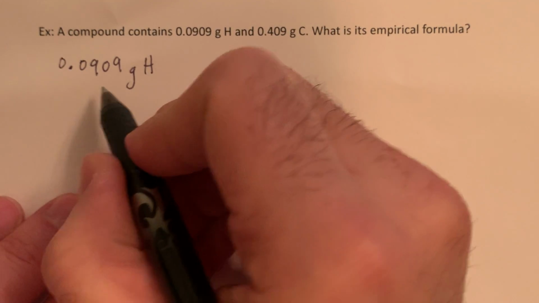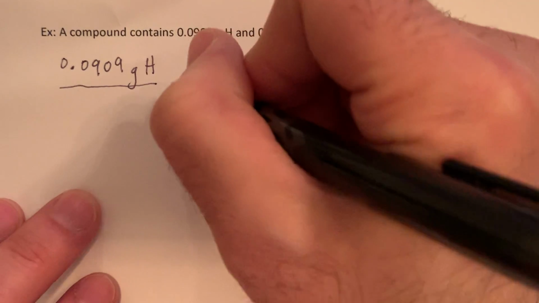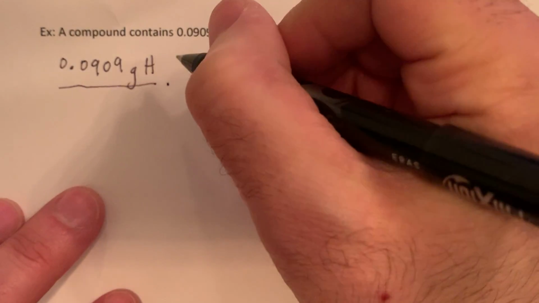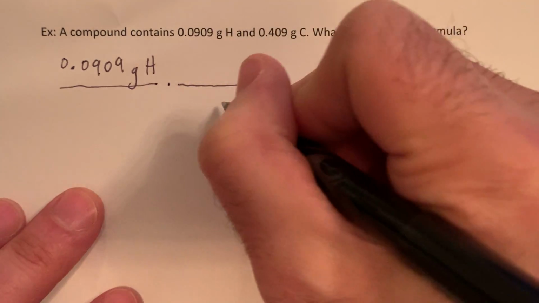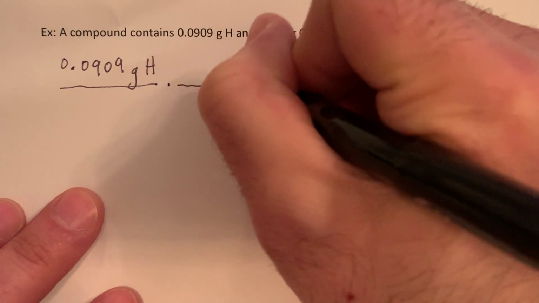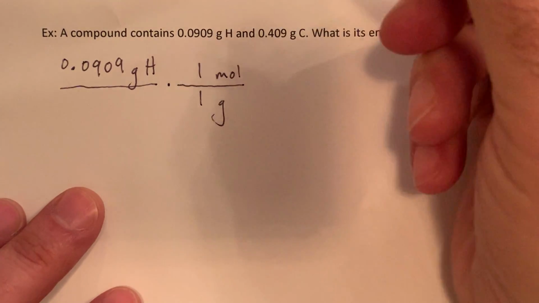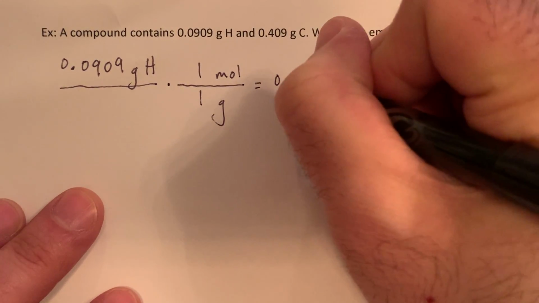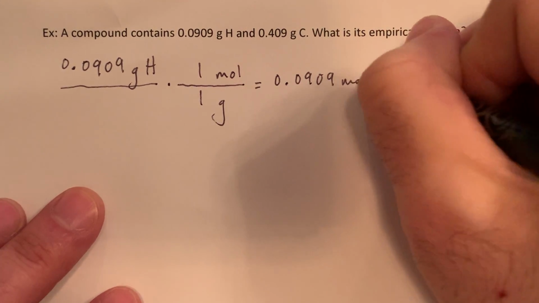Now, what I show you for them in general is the work you need to show. I'll go through it at the end and make sure, but so you need to go grams to moles for hydrogen. We already know from looking on the periodic table before that it is 1 gram for 1 mole. So you end up with still 0.0909 moles of hydrogen.